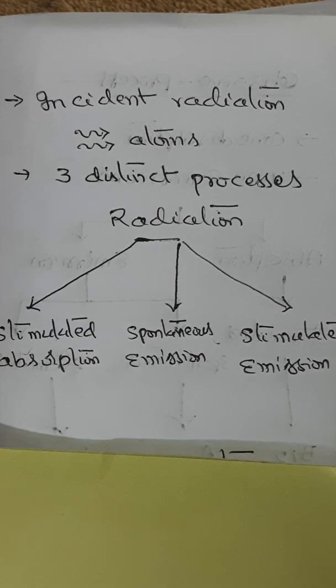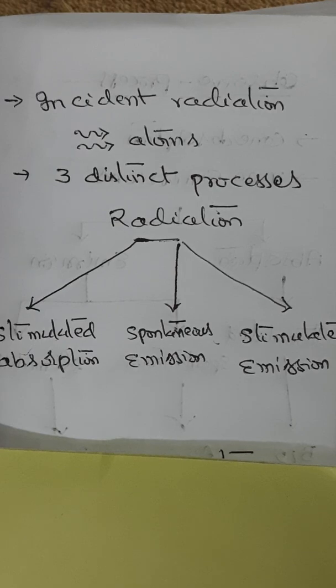For understanding all three, we have considered two energy levels E1 and E2 such that E1 is greater than E2 for an atom, and let N1 and N2 be the number of atoms per unit volume in the energy levels E1 and E2 with the radiation density as rho nu.